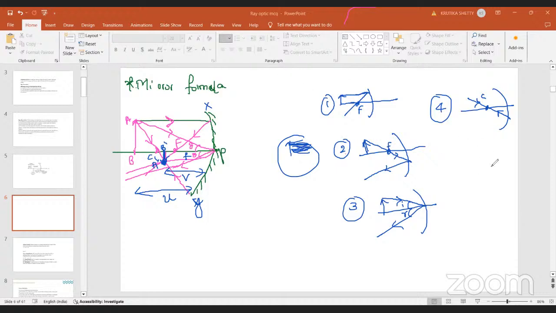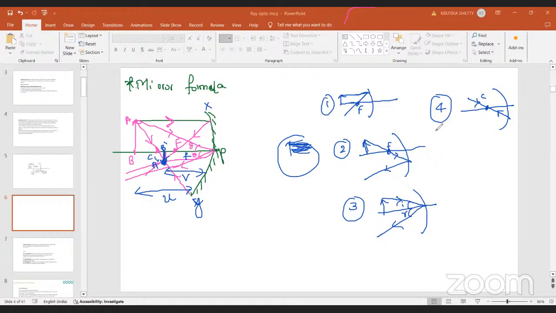So what we have to do in this is, you have to observe where minimum 2 rays are meeting. All rays are not parallel, all rays are not passing through the focus, all rays are not passing through the center of curvature. There are only a few rays which are following these 4 laws here.